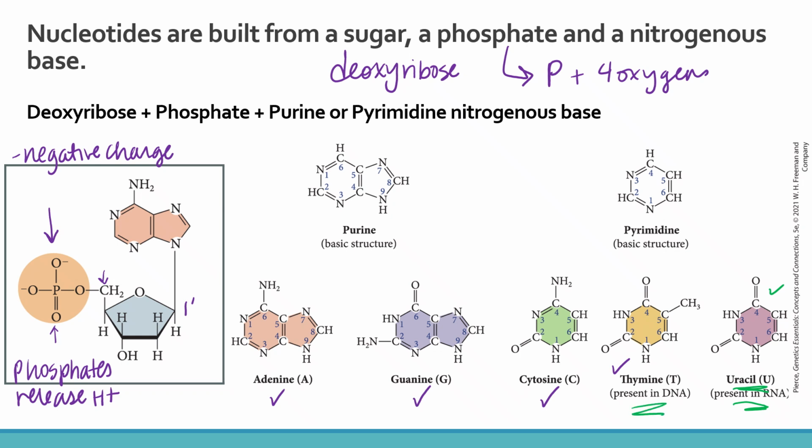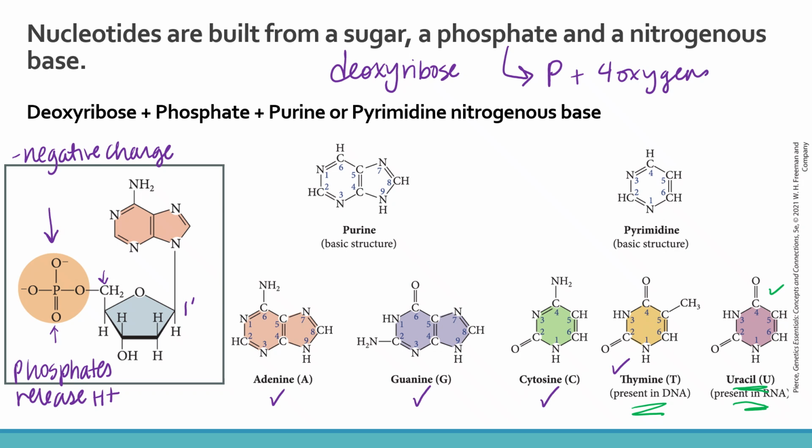So 2 differences now between DNA and RNA. One is the type of sugar and the presence of the oxygen on the 2' carbon. The other is the nucleotides that make it up. So we find thymine in DNA, uracil replaces thymine in RNA. Our other 3 nucleotides remain the same.